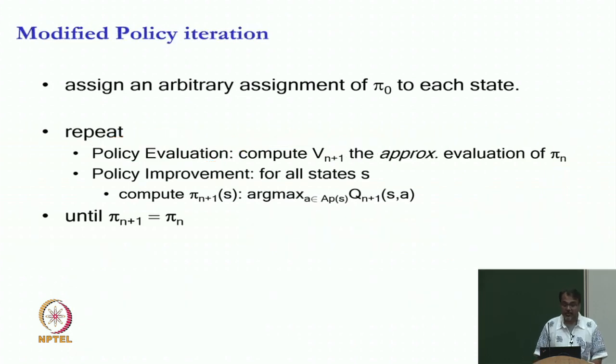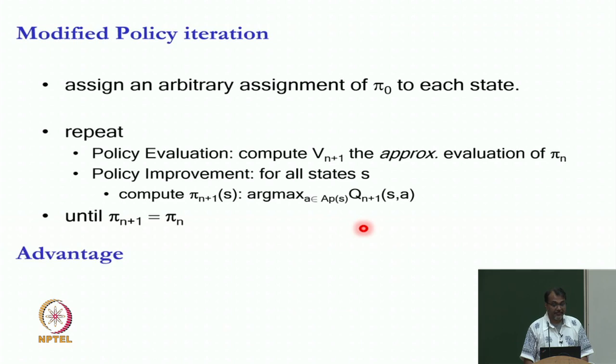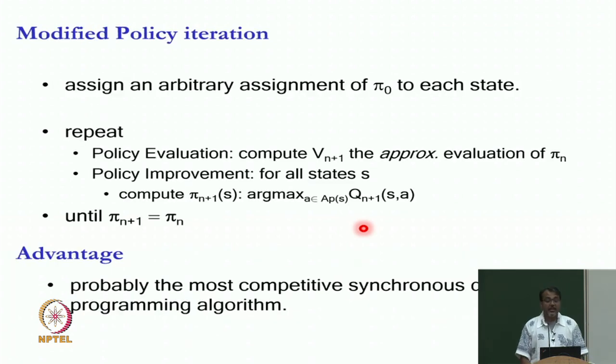So, what is modified policy iteration? It says initialize pi 0 arbitrarily, do policy evaluation, where Vn plus 1 is the approximate evaluation of pi n, and then do policy improvement, where pi n plus 1 is the argmax, exactly what we used to do. The advantage is that in practice it is a faster algorithm.